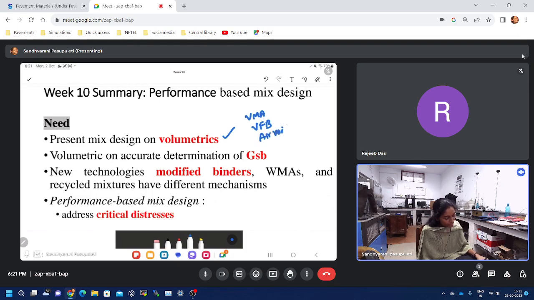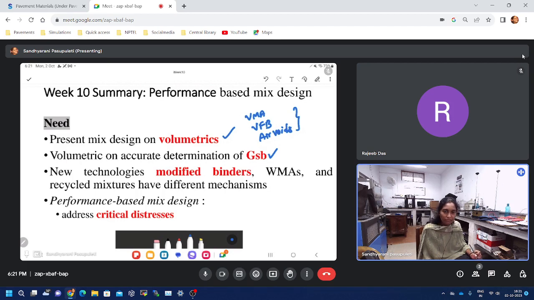But all these calculations are highly dependent upon the bulk specific gravity of the aggregates. For this bulk specific gravity, especially for fine aggregates, we know the variability. We are not able to get repeatability for fine aggregates in the laboratory.